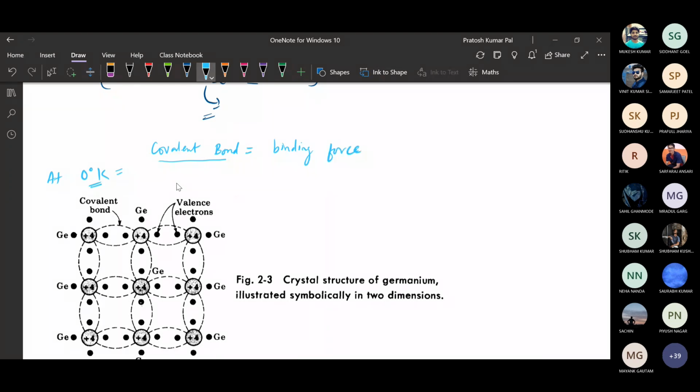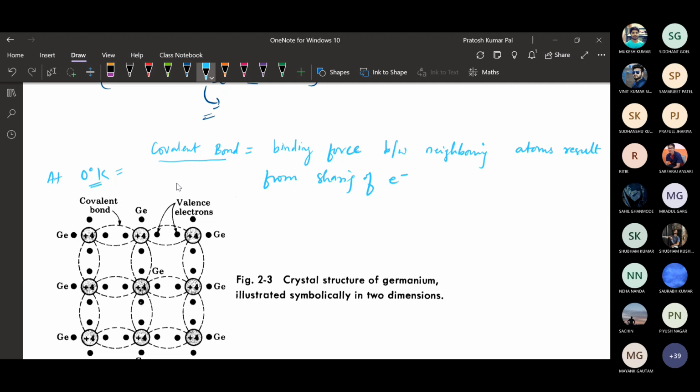Defined as the binding force between the neighboring atoms that is resulted from sharing of electrons.